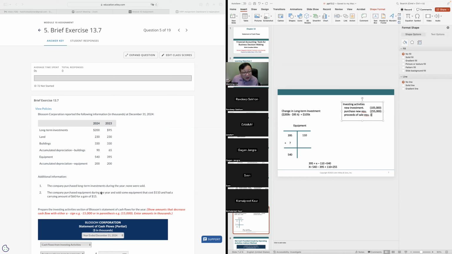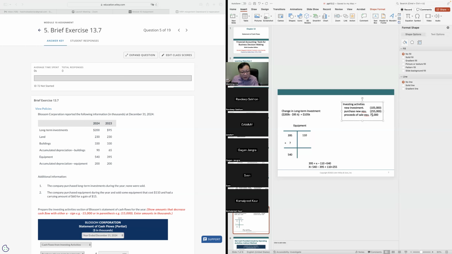So that tells me how much the proceeds are. Yes, that's correct. Carrying amount plus gain, right? So you sell it for 75. The carrying amount is 60. The amount exceeding the carrying amount is the gain. So you sold it for 75. So that's a cash increase.